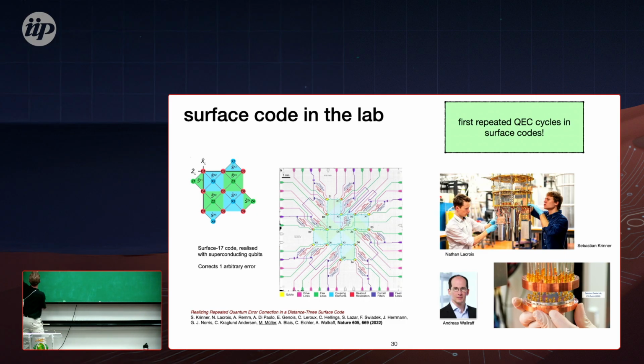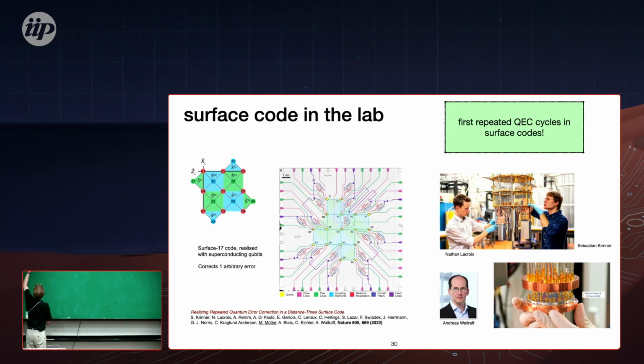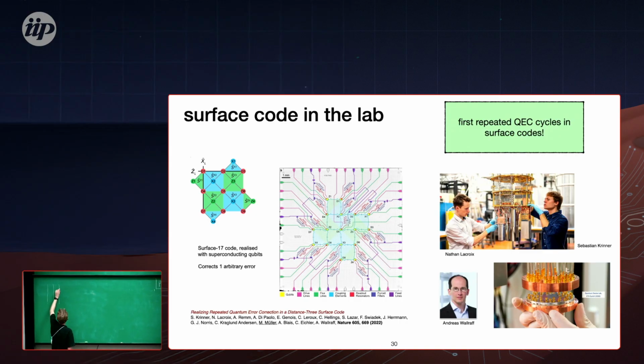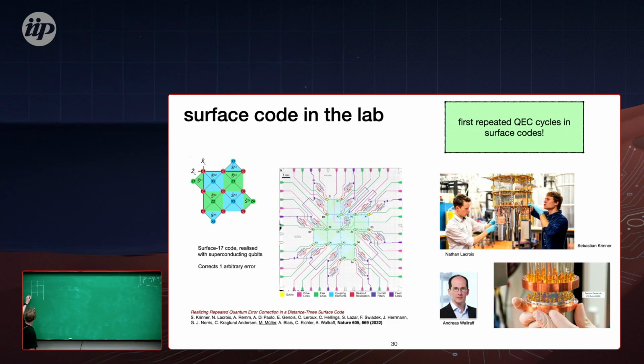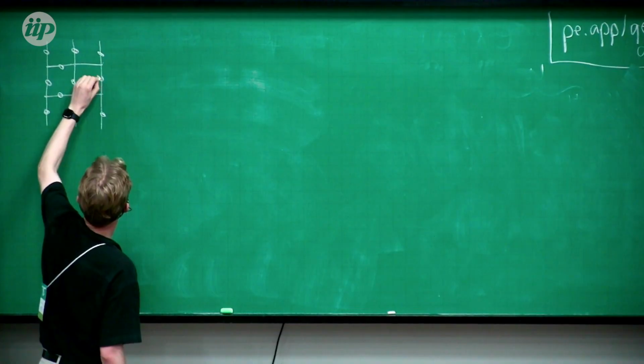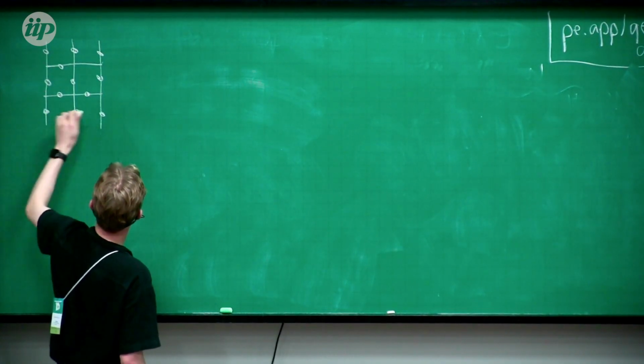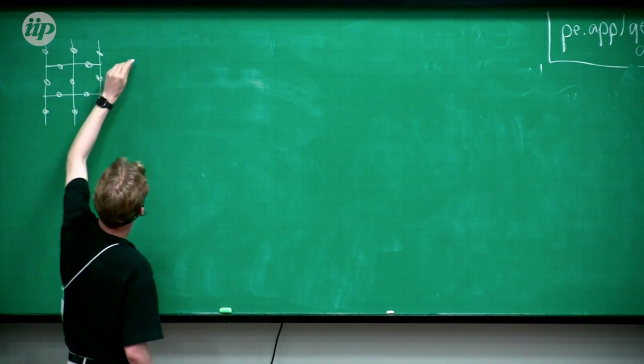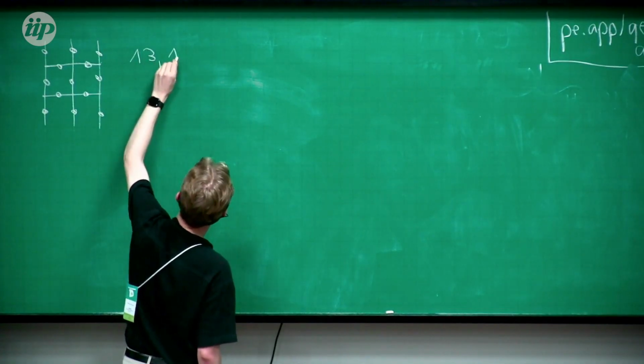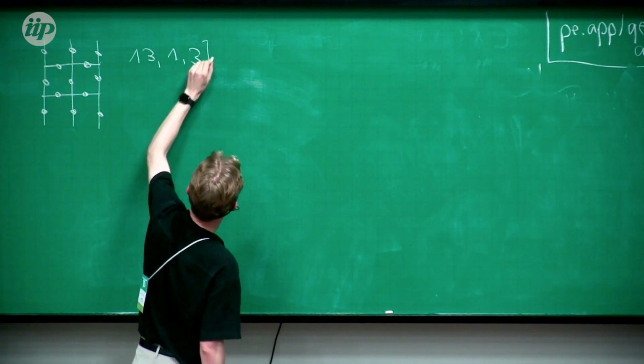Before, we put the qubits on the edges of a lattice. So the smallest distance 3 version of this surface code would have 9 plus 4, so 13 qubits, encoding one logical qubit with a distance of 3.